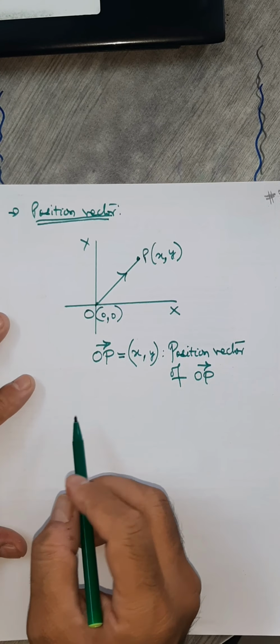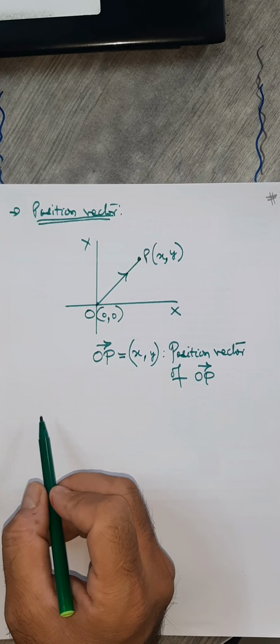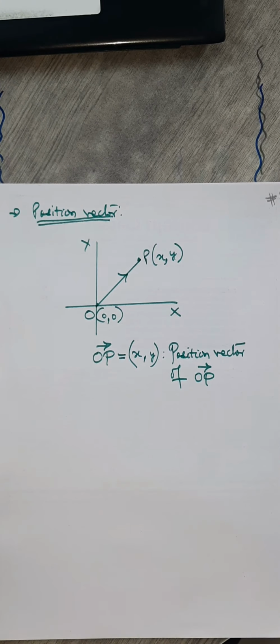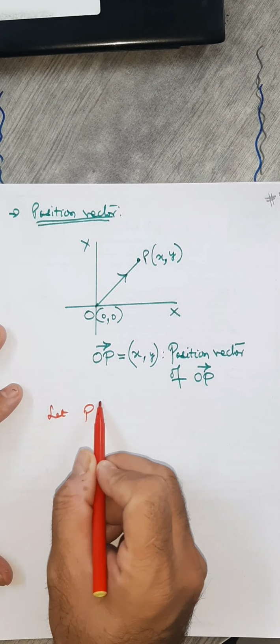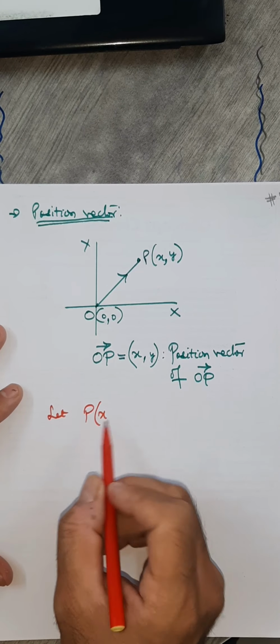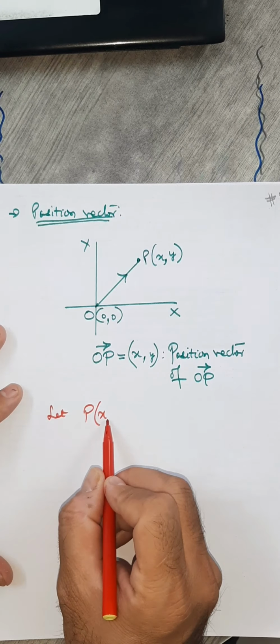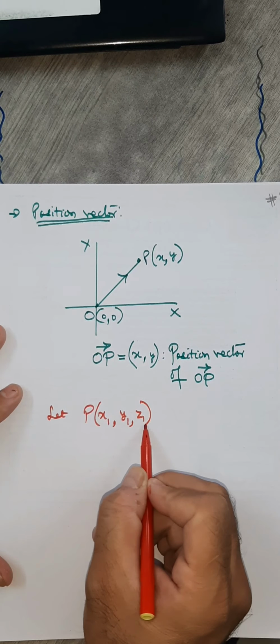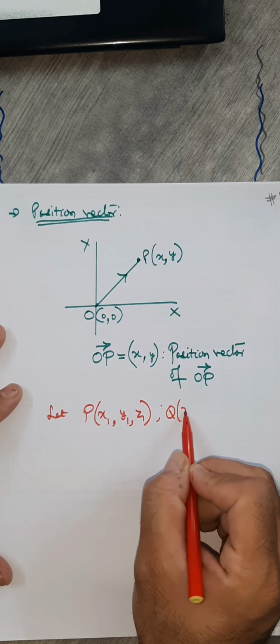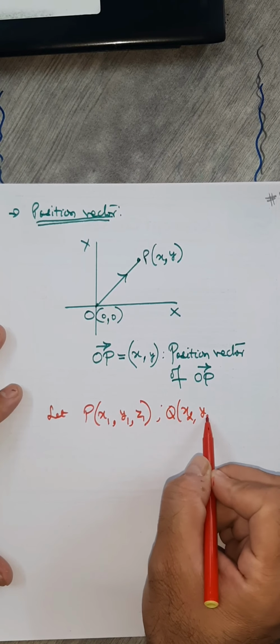In general, for example, let's take one point P here whose components are x1, y1, z1. In R3 I'm talking, and Q is x2, y2, z2.